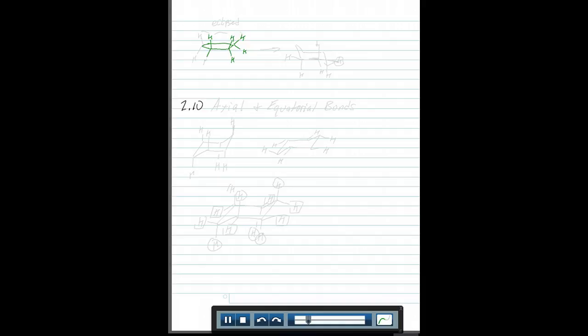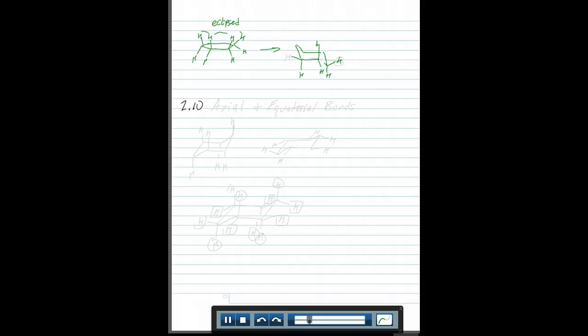What you'll notice is that all of the hydrogens are in the eclipsed conformation. We said eclipsing is bad, we don't want eclipsing, we want everything to be staggered. So if this adopts a chair conformation, not only are your bond angles now all at 109.5, but your hydrogens now are all staggered.